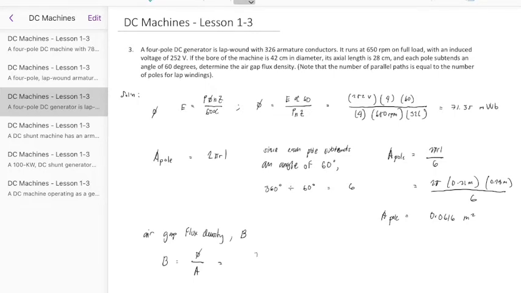So substitute lang nato, 71.35 times 10 to the negative 3 webers divided by ang area of 0.0616 meter squared. So ang final answer nato diha is 1.16 T or teslas. Mao na siya ang atong unit of measure sa air gap flux density.